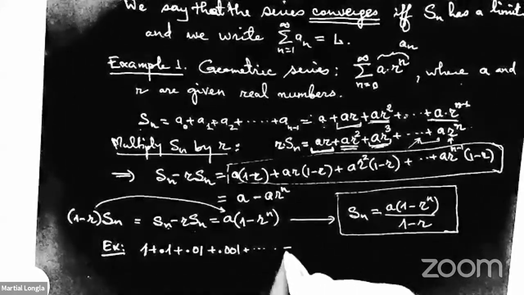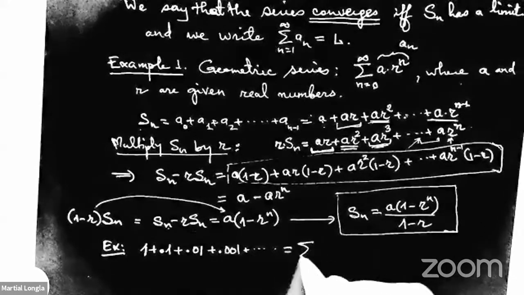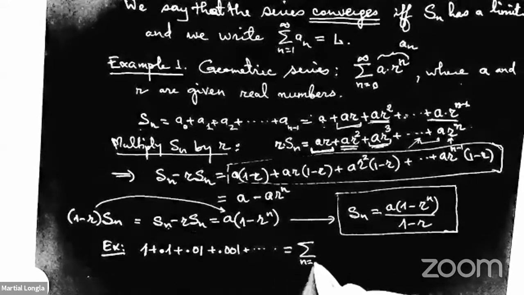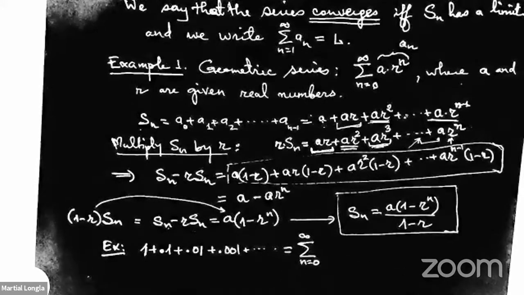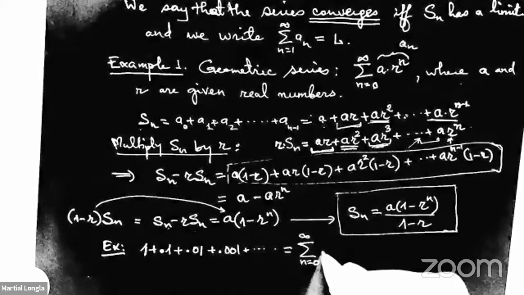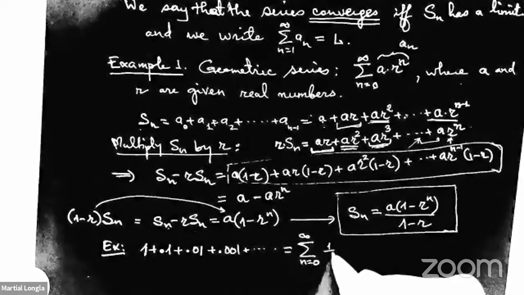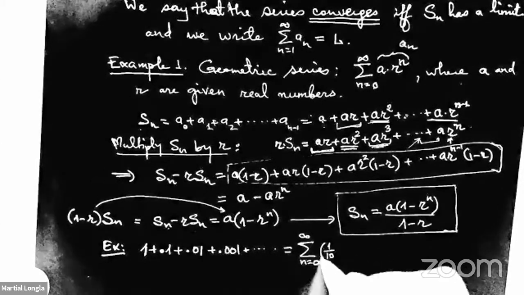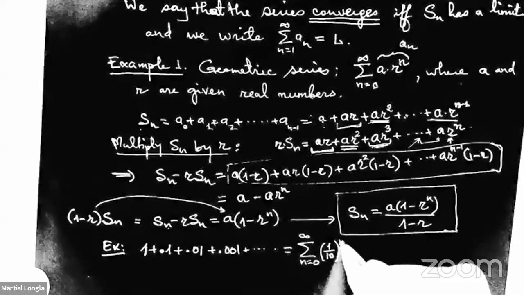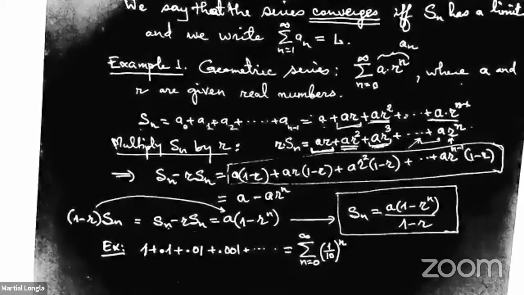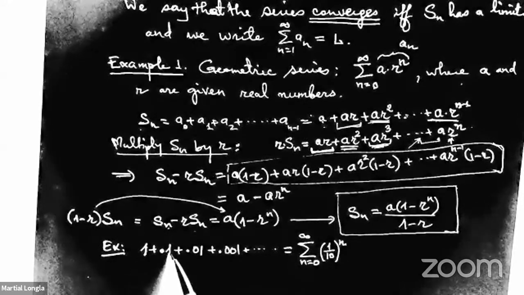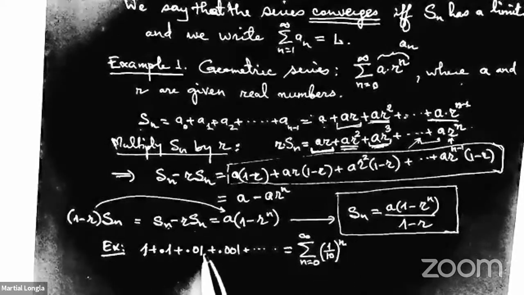So you would say this thing is actually the sum, n from 0 to infinity, of 1 over 10 to the power n. You see this? The first one is 1 when n is 0. The second one is 0.1 because 1/10. The third one is 0.01, 1 over 100.